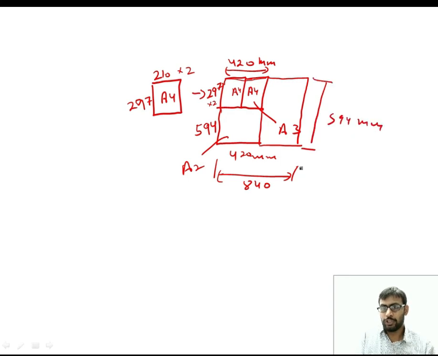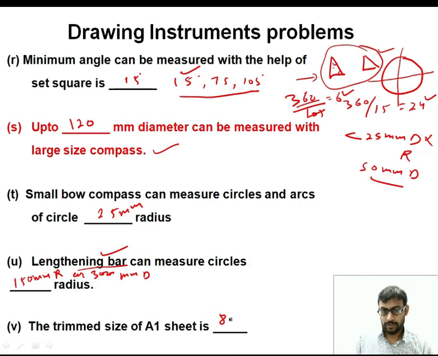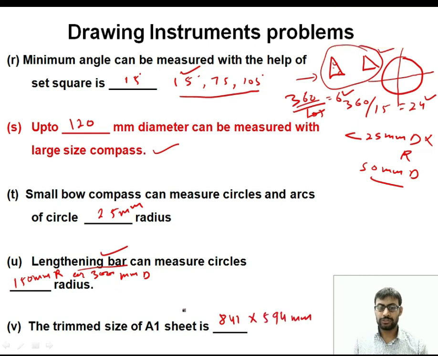So the A1 sheet has dimensions of 841 by 594 mm. Similarly, we can identify A0 and A5 sheets also. The answer is 841 into 594 mm, so the trim size of the A1 sheet is 841 into 594.